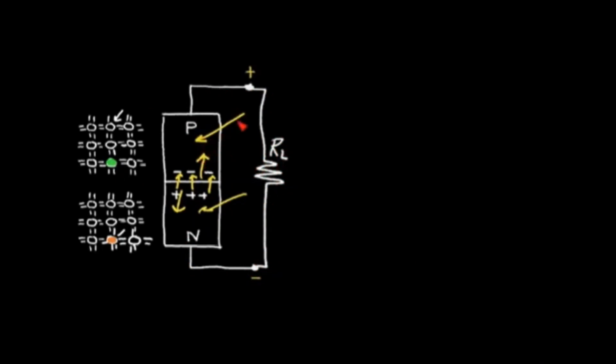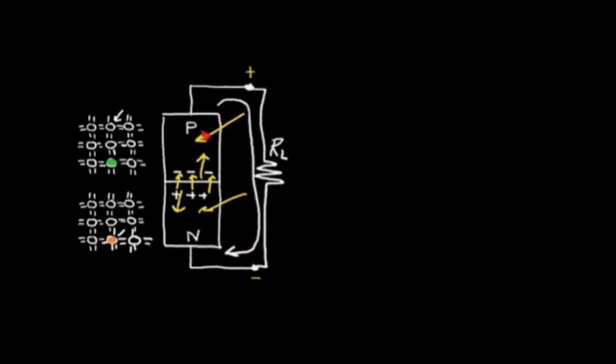When light hits the p region and n region and creates electron hole pairs, and these electron hole pairs wander over into this region where we have this electric field, it produces current that flows through this load resistor.